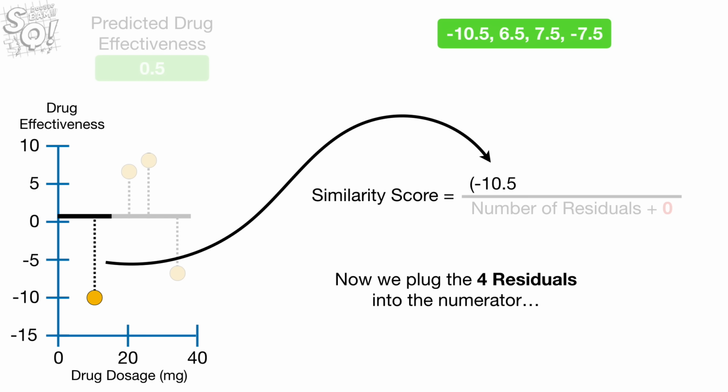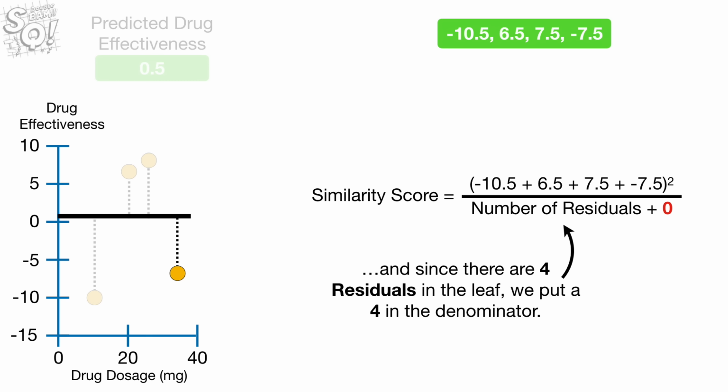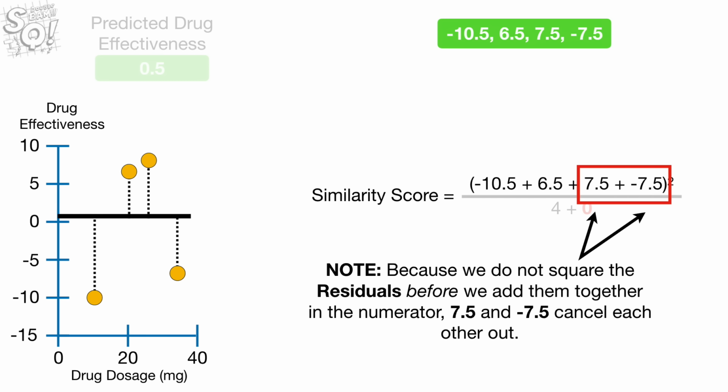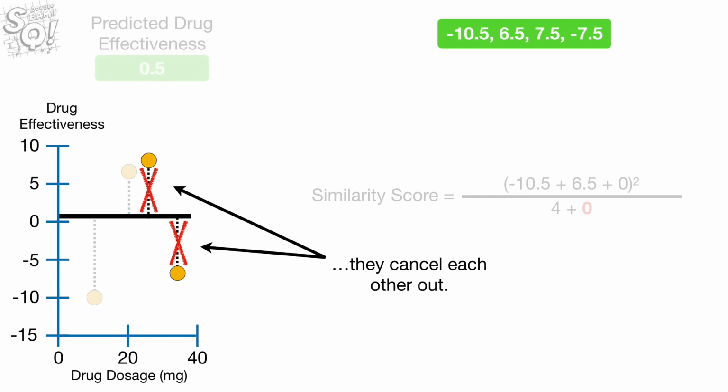Now we plug the 4 residuals into the numerator, and since there are 4 residuals in the leaf, we put a 4 in the denominator. Note: because we do not square the residuals before we add them together in the numerator, 7.5 and negative 7.5 cancel each other out. In other words, when we add this residual to this residual, they cancel each other out.